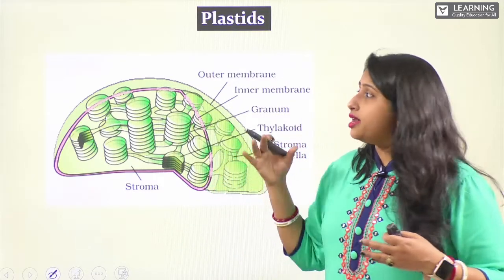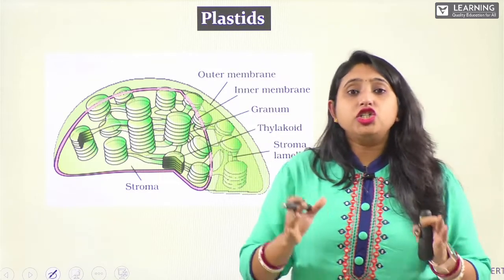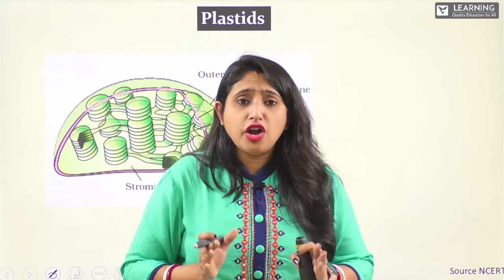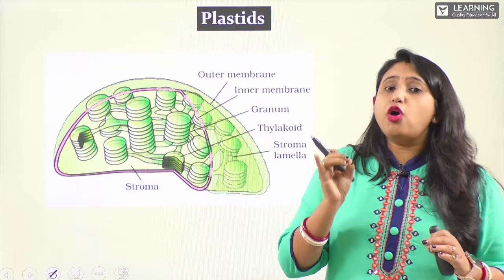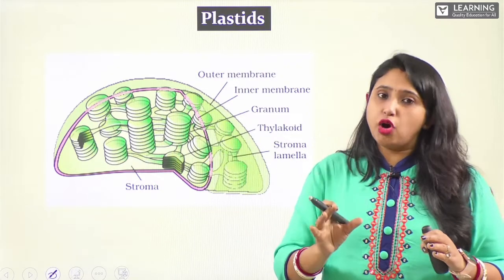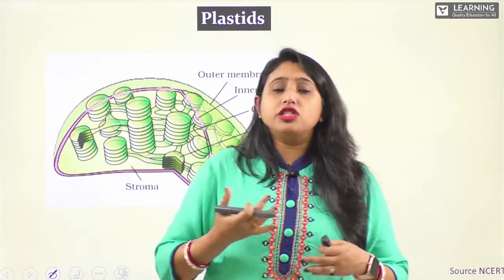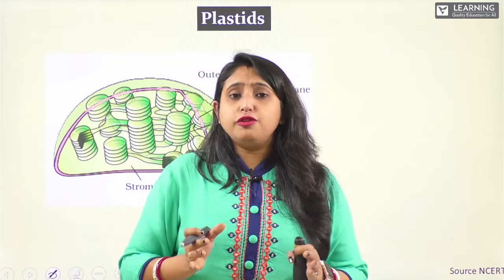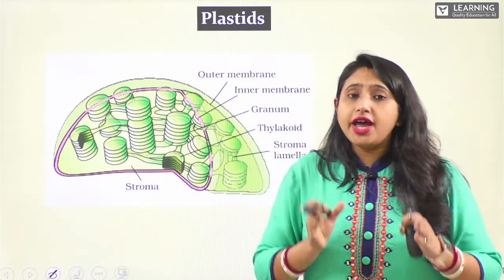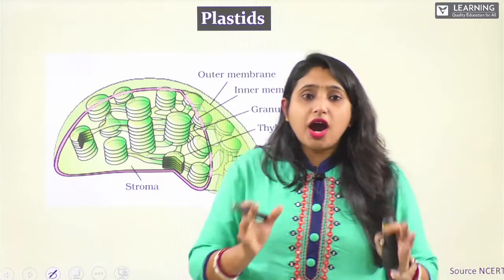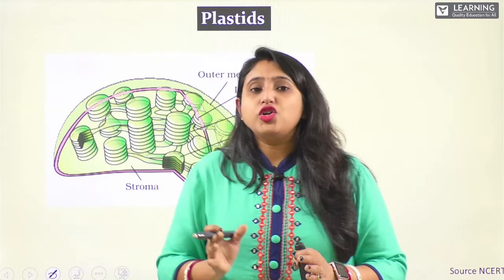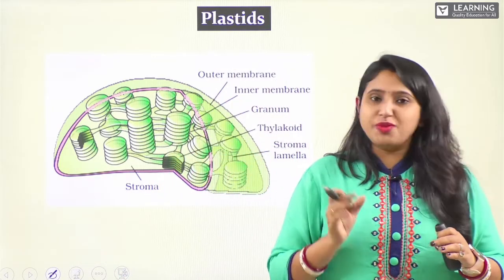And at last, we have seen the function of mitochondria. This mitochondria is one of the very important cell organelles in our body, because it is responsible for the production of energy in the cell. It is the powerhouse of the cell. So I hope you have understood this mitochondria.